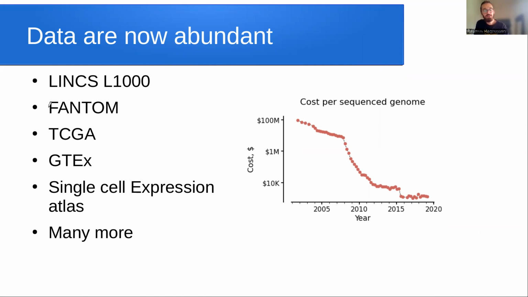I mostly work with transcriptomics data, and these are all databases that have transcriptomics data for lots of different patients and lots of different tissues. So it's very timely, and I think we have right now a great opportunity to use neural networks on the vast amount of data that are available to us today.